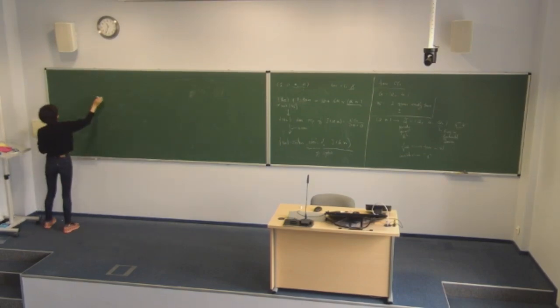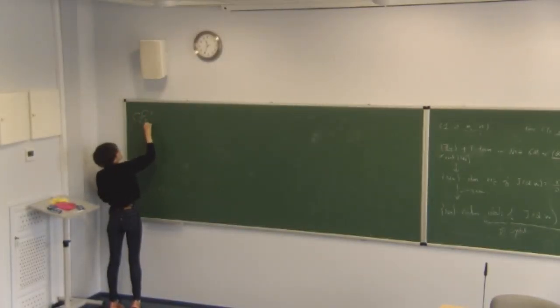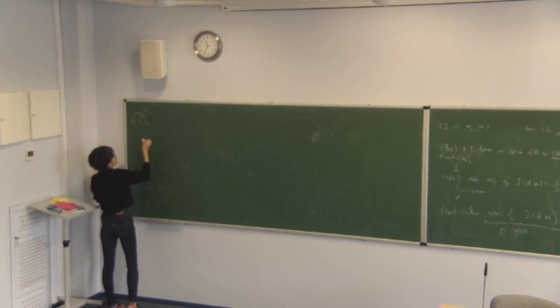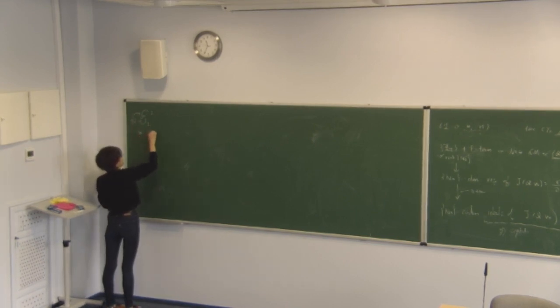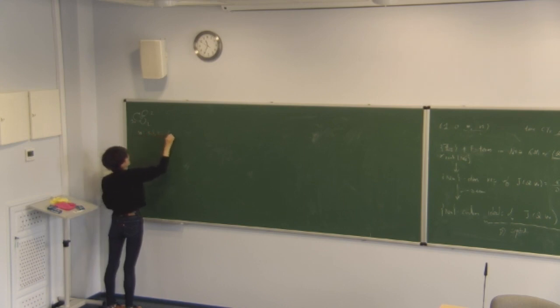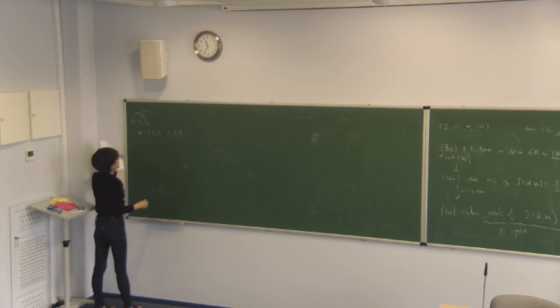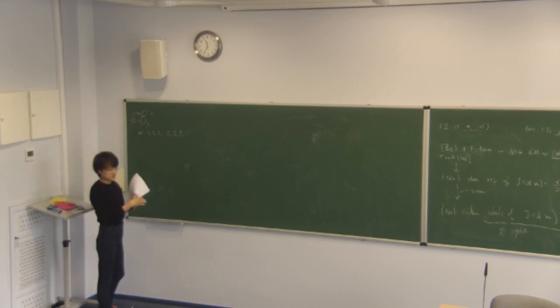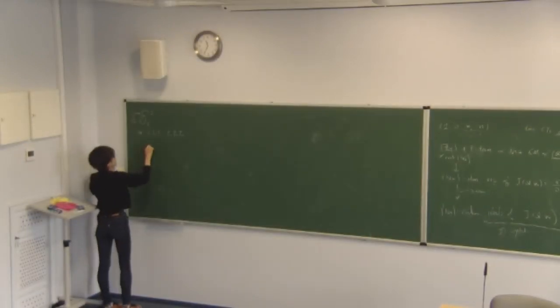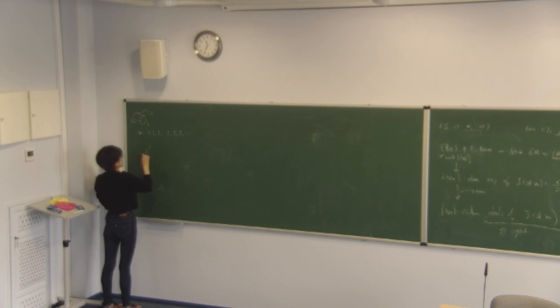So the superpotential is I1 I2 I3 minus I1 I3 I2. Now how do I draw this periodically? There's only one vertex. Let's label the directions this way: I1, I2, I3.